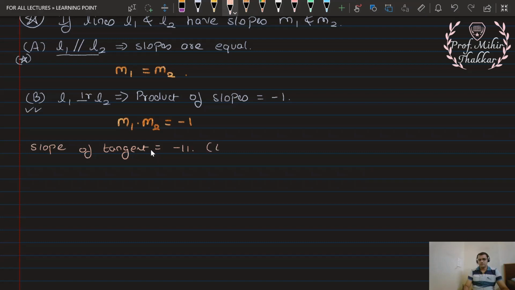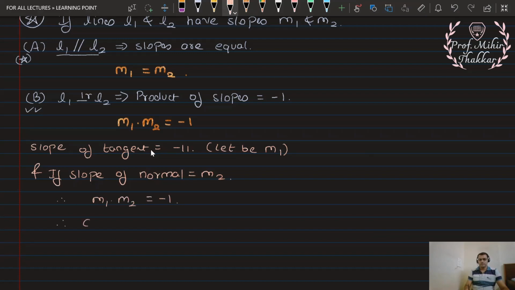Suppose I assume, let this be m1, and if slope of normal is equal to m2, I can say that m1 into m2 is equal to -1, so it means that -11 m2 is equal to -1.